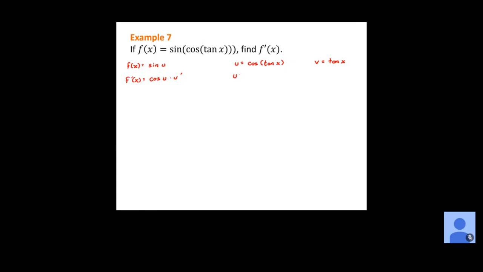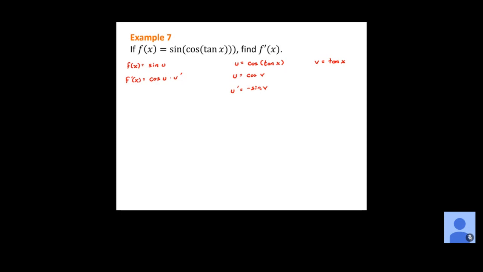Which means I can rewrite my u as just cosine of v. And so now what is u prime going to be equal to in terms of v? Negative sine of v, good.